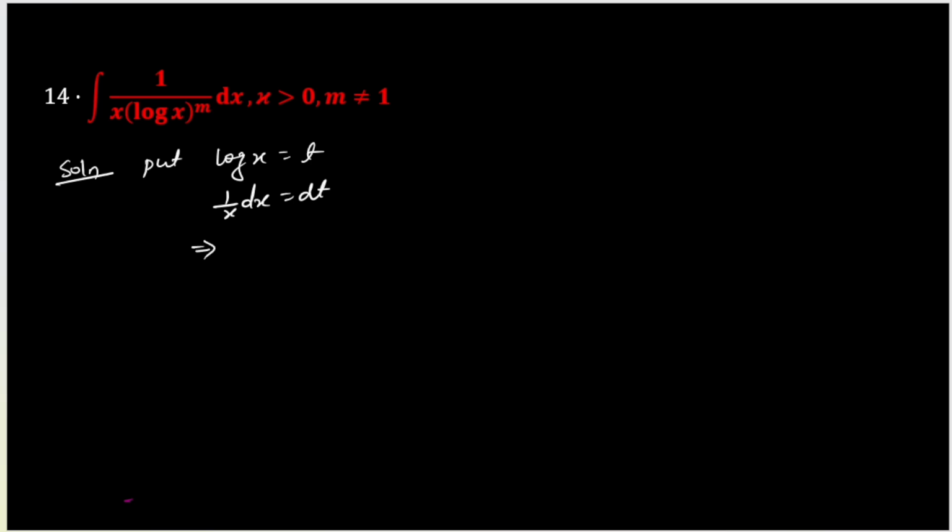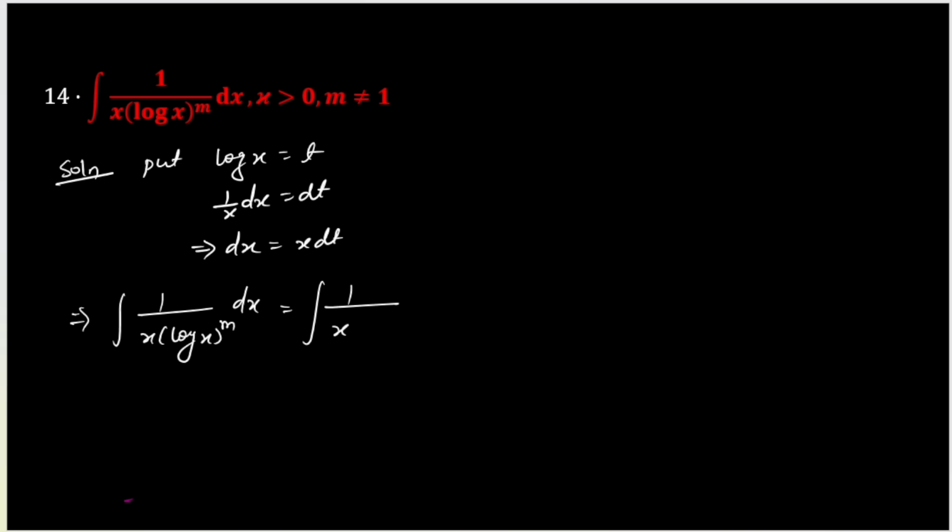So implied that dx is equal to x into dt, therefore the integral becomes 1 by x into (log x) to the power n into dx is equal to 1 by x into t to the power n, and dx is equal to x into dt.